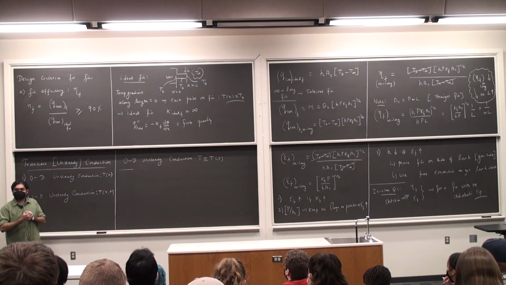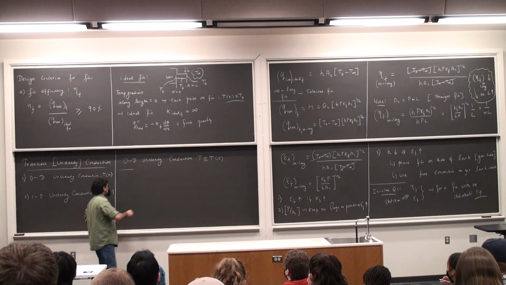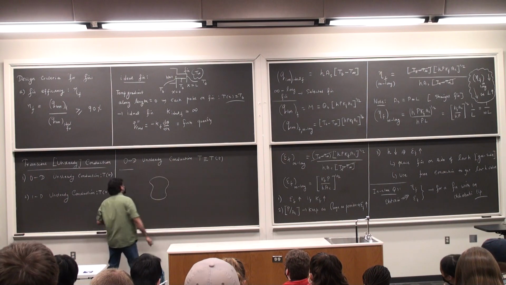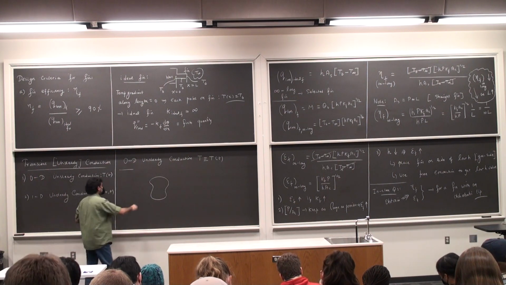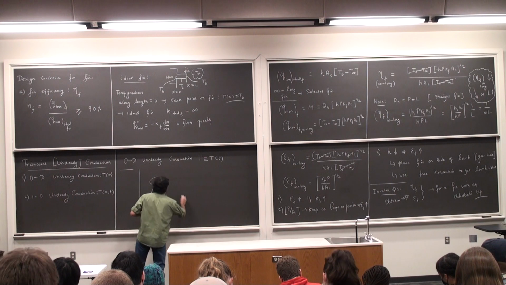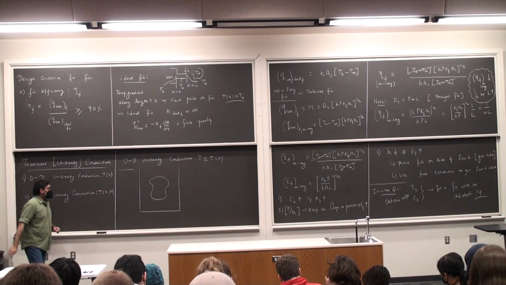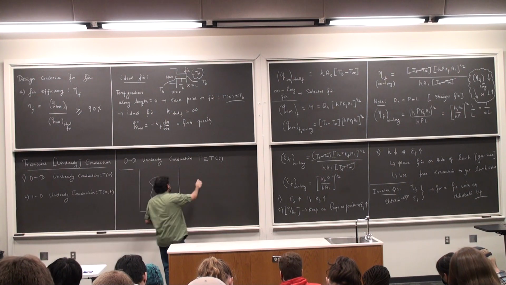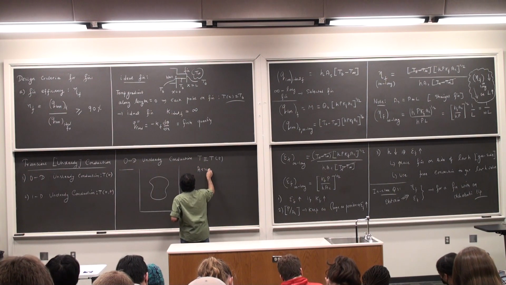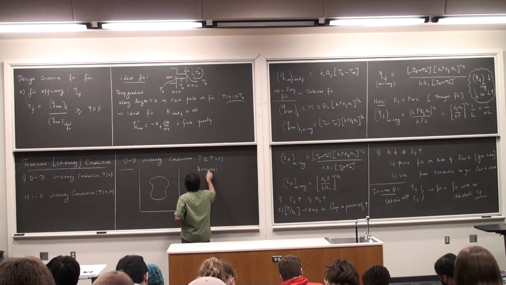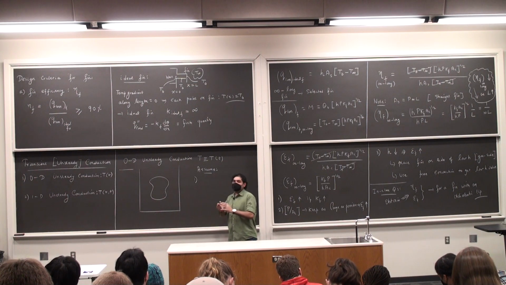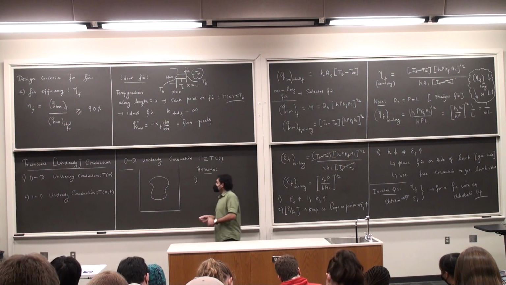Okay? Alright, so I'm going to draw a figure, some arbitrary body in a tub of ambient fluid. Okay? We're going to assume the following. So assume the temperature gradients within this body is 0.